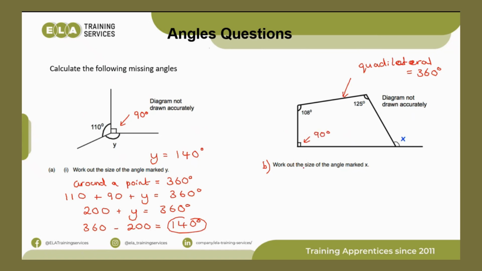So what we're going to do is we're going to add up all of these first to then work out this angle, because this mystery angle plus X here is a straight line, it's going to equal 180. So we've got to do the interior bit first here before we even start dealing with X. So we've got 108, add 125, add 90, add our mystery one equals 360.